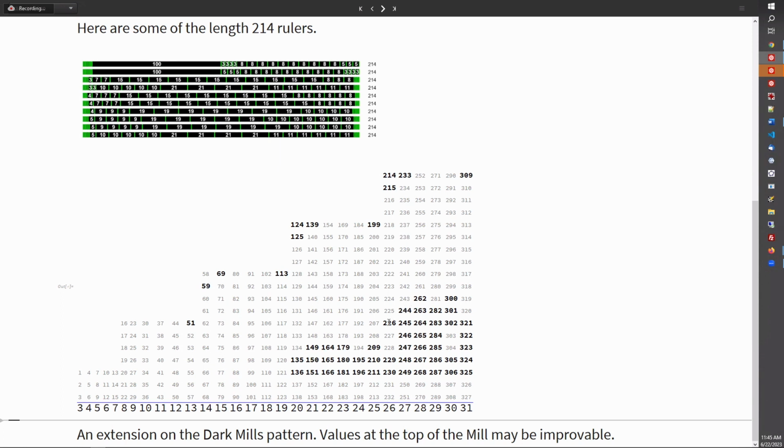These values here, 226, 244, 262, 300, those are all highly suspect values. It's likely that for one of those four, the solution is actually excess 0 instead of excess 1. It's just that my computer search wasn't powerful enough to find whether or not those were the minimals. I'm pretty sure one of those four is wrong.